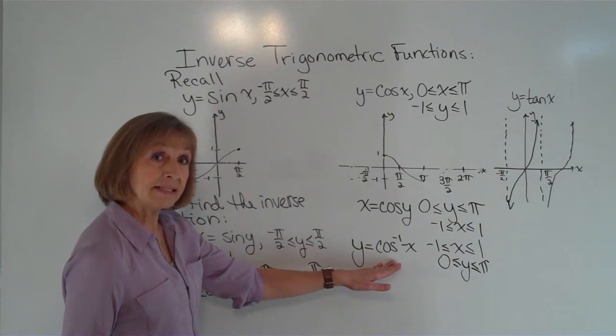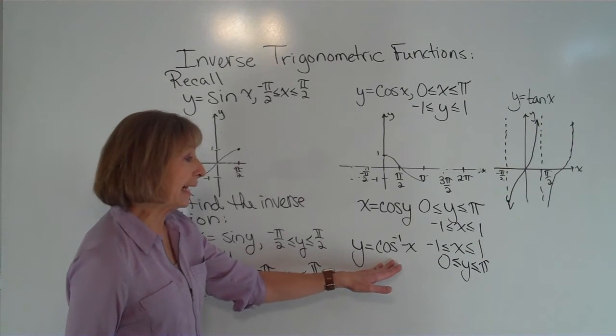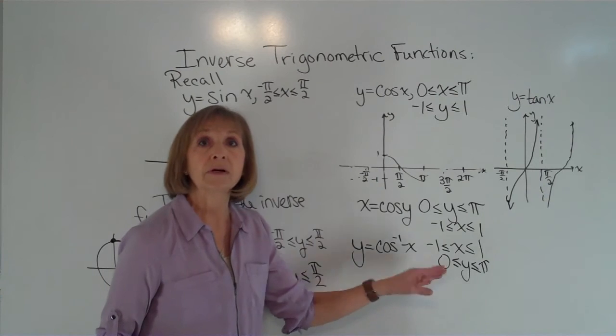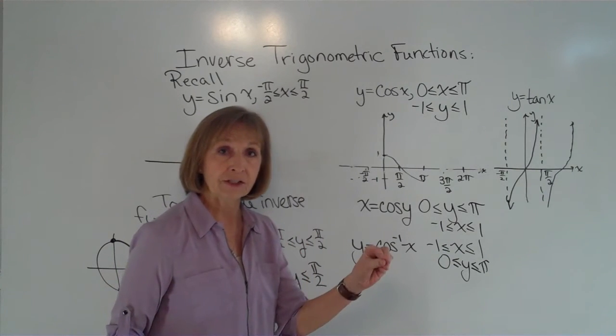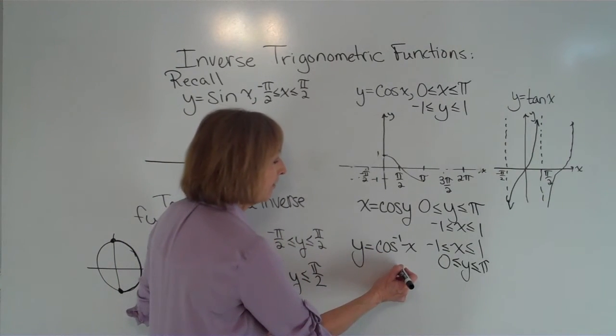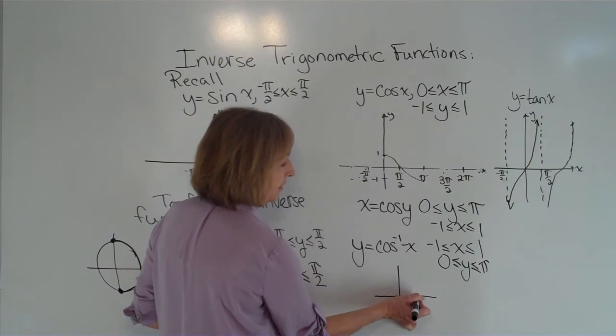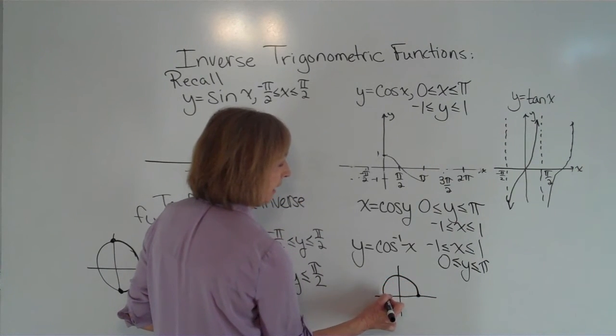So now with this, if I look at what angles I'm going to give back as answers for the inverse cosine of a ratio, 0 to pi, if I'm going to read my unit circle backwards, is 0 to pi.